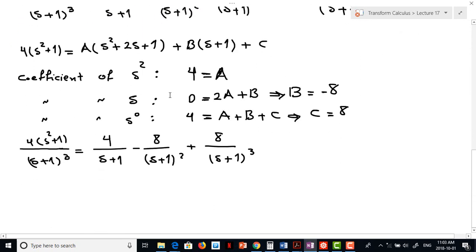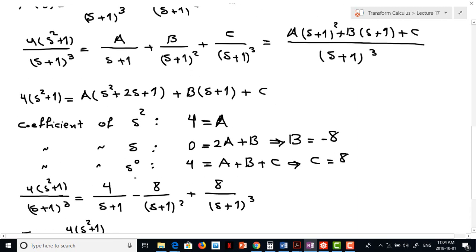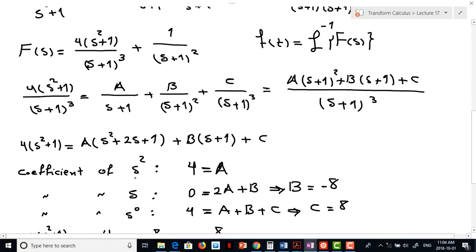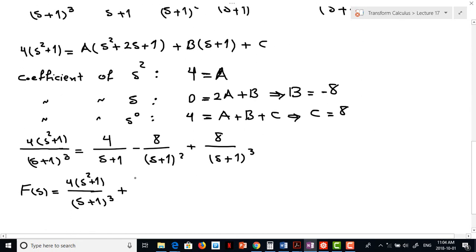So let me write F(s) again. F(s) is equal to 4 times (s squared plus 1) over (s plus 1) to the power of 3 plus 1 over (s plus 1) squared.